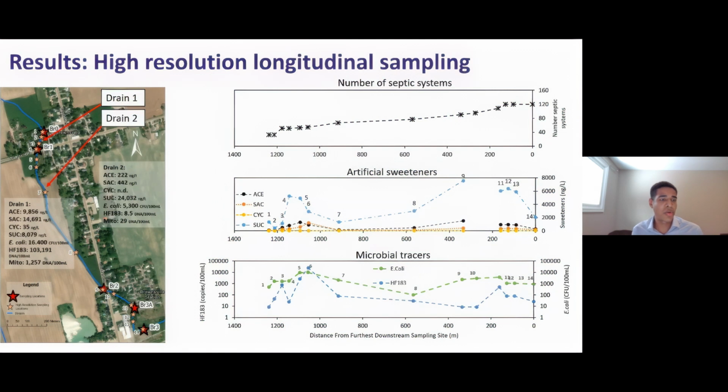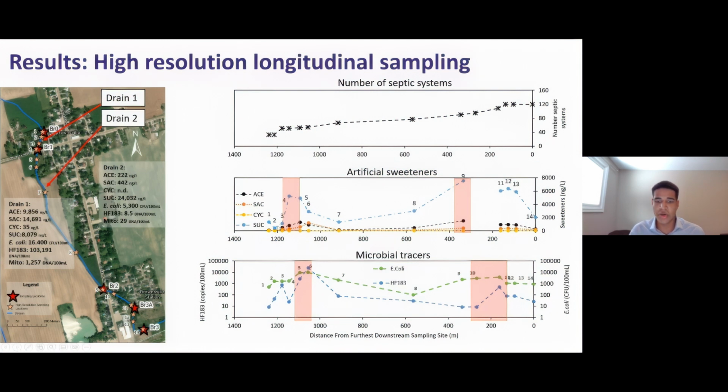So this is an example of some results from a high-resolution longitudinal sampling that we did. So we had multiple sampling locations along the stream represented by the stars on the map on the left. And between the chemical wastewater tracers, which in this case are artificial sweeteners, which are a good unique indicator to septic systems, and also the microbial tracers, you can see that there's really 2 major hotspots occurring at the stream.